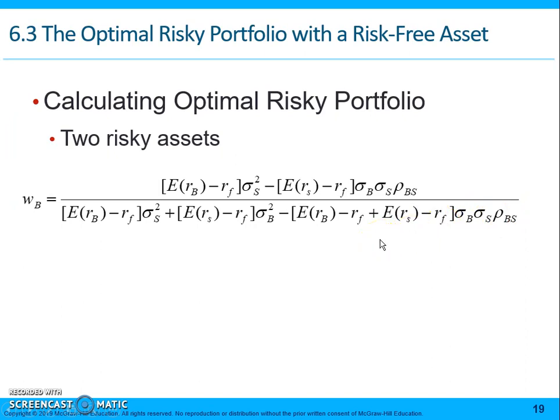And so once we've calculated the weight for bonds, we just subtract that number from 1, and that'll give us the weight for stocks. That gives us our weights for our optimal portfolio.